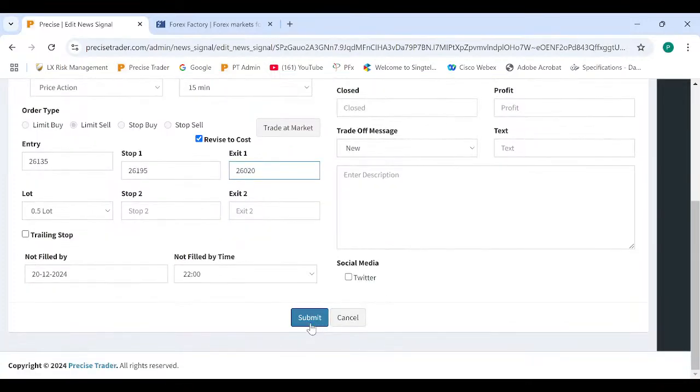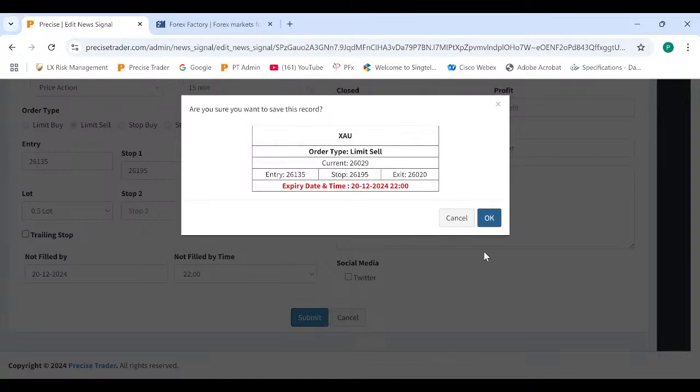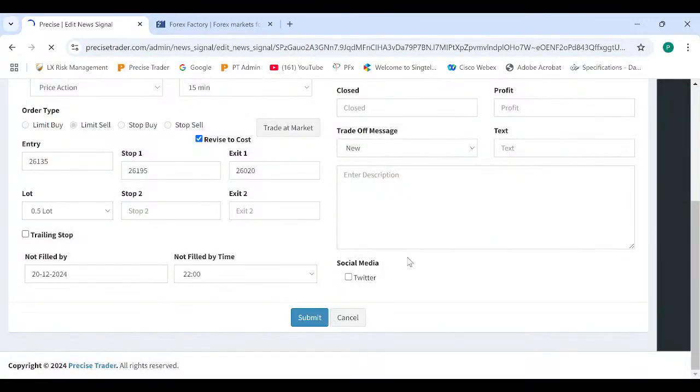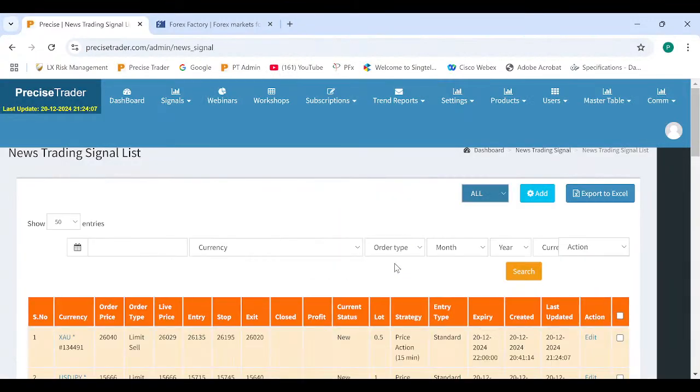This is again expiry at 2200 hours, so we still have another half an hour left on this time belt.